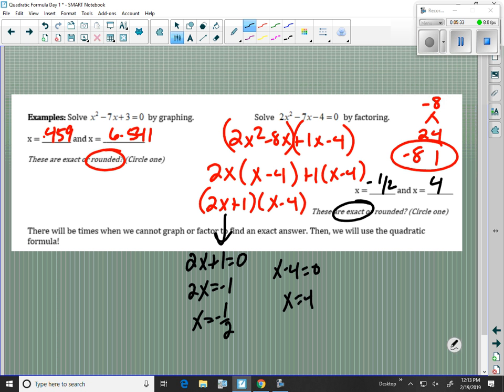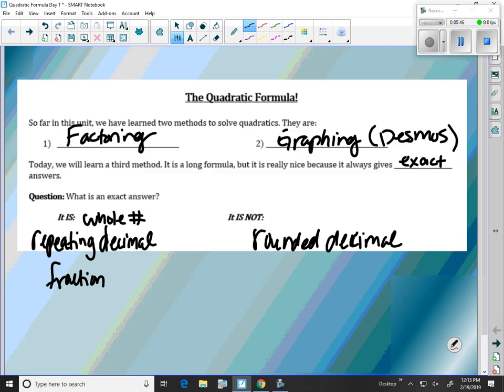It can give us exact or rounded. How do we know? If it's exact, it's going to be a nice number. If it's exact, it'll be whole, or it'll be a repeating decimal, or it'll be a fraction. If it's rounded, like the first one we got on decimals, there wasn't a repeating decimal on that. It just kind of rounded numbers.